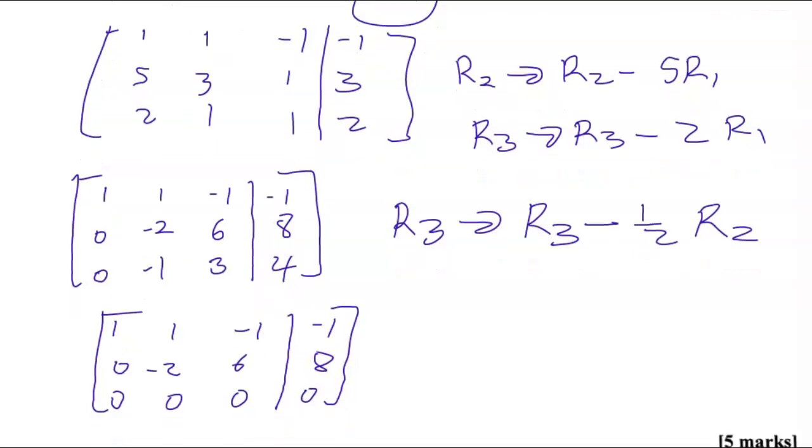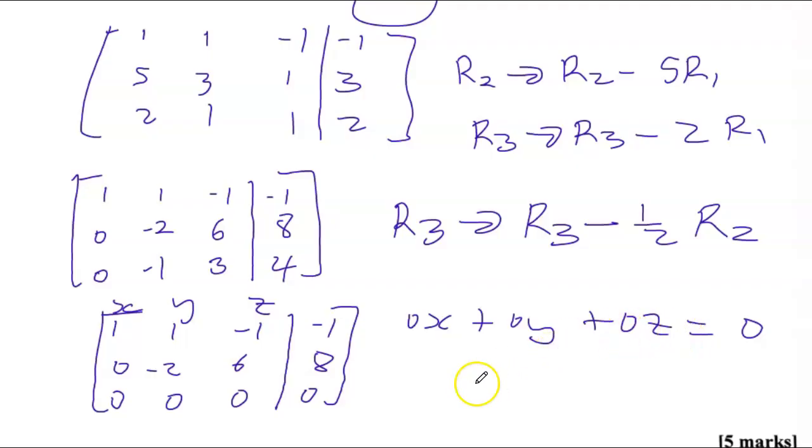Remember these are the x, y, z coefficients. So this is saying that 0x plus 0y plus 0z is equal to 0, which means that no matter the values of x, y, and z, this equation will always hold true, because you multiply these by 0 and get 0. So this is a situation where we have infinitely many solutions.